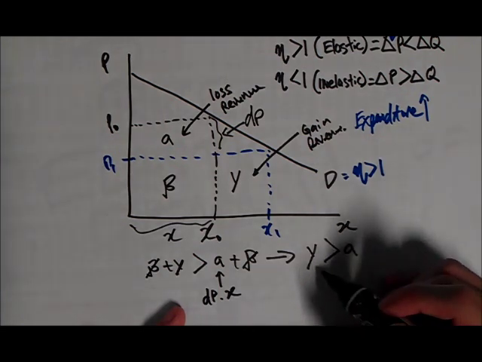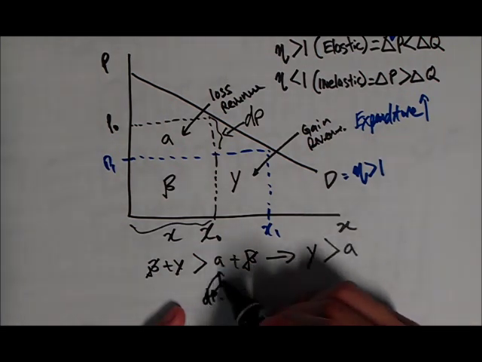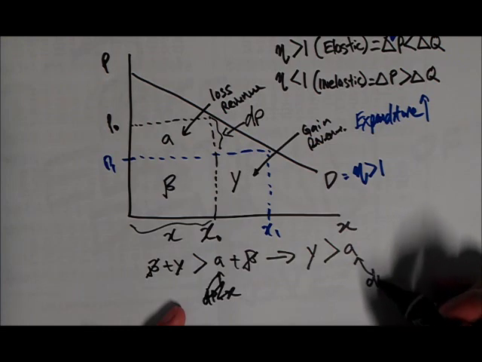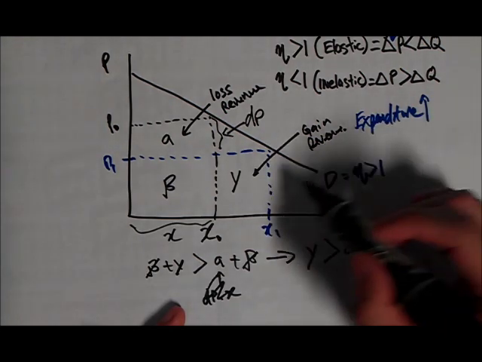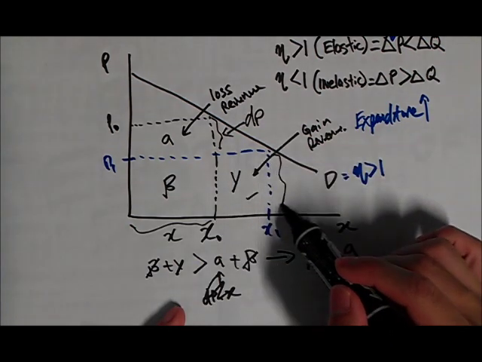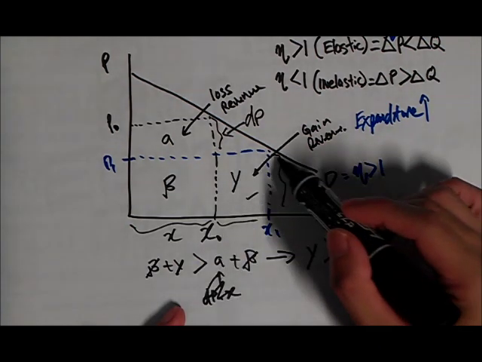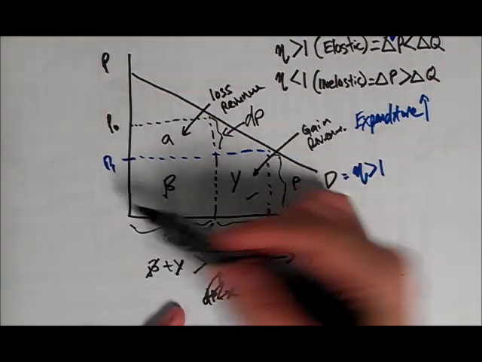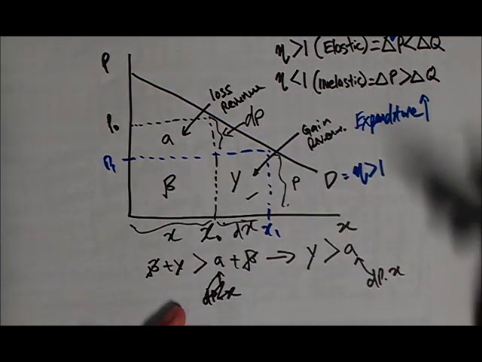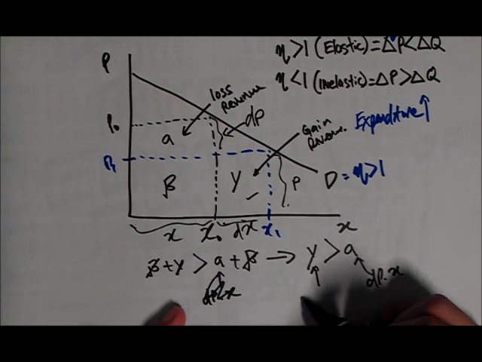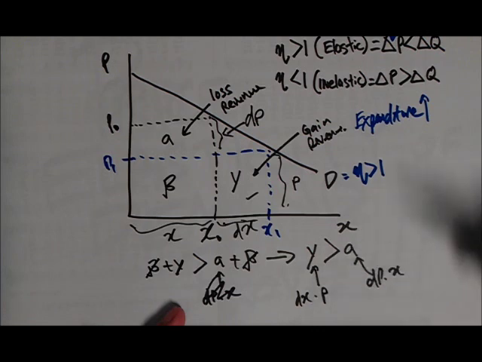As for Yankee, this is going to be this distance multiplied by this distance. This distance is just p, the price itself, and this distance is the change in x. So for Yankee, it's going to be change in x multiplied by price.